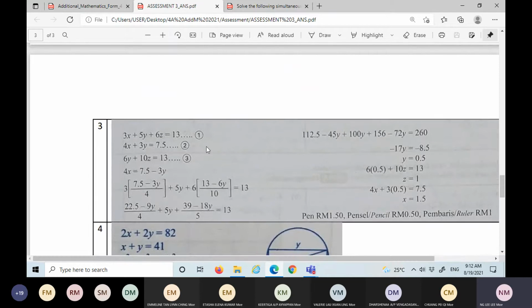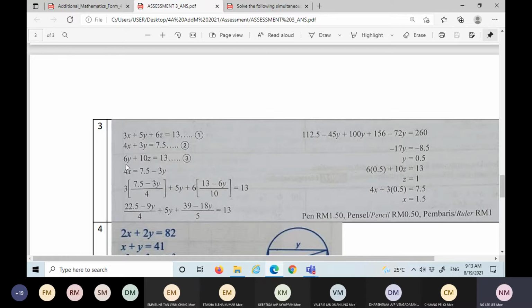So this is the answer. First of all, you have to build out the 3 equations. When you build out the equations, you will get marks. There is no coefficient of 1, so no choice. Let us start with the second equation, because the second equation involves only 2 variables.